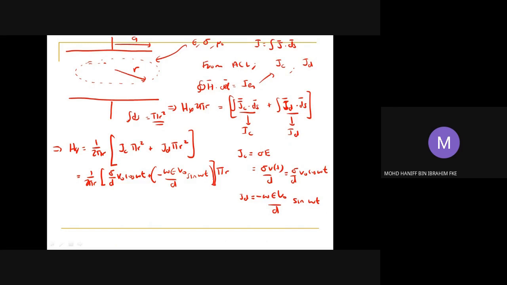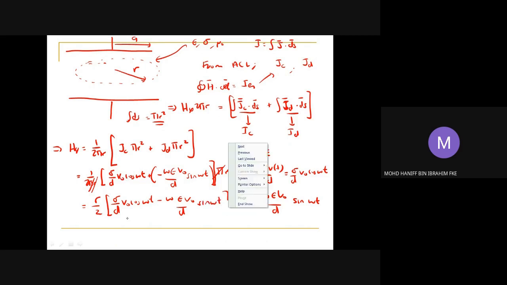We can cancel out a few terms, the pi and one r, so we are left with r over 2 times sigma over d V naught cosine omega t minus omega epsilon V naught over d sine omega t.